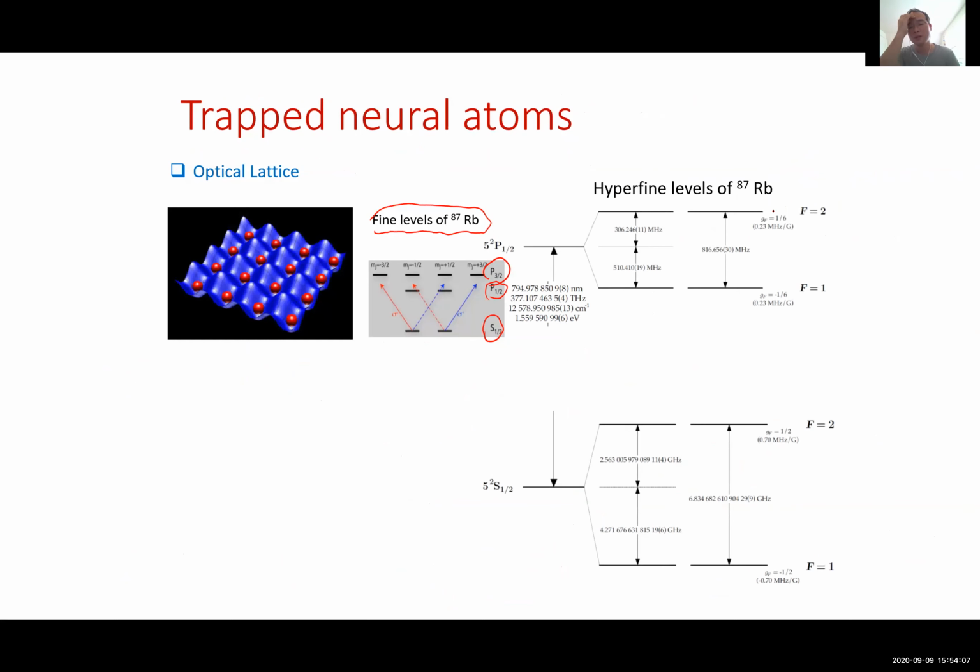In Professor Schnabel's lab, they use rubidium, so group members from his lab would know this very well. This is a famous splitting, in terms of frequency 6.8 gigahertz. They can use some of the sublevels as 0 and 1. And shown here is the further splitting by a magnetic field.